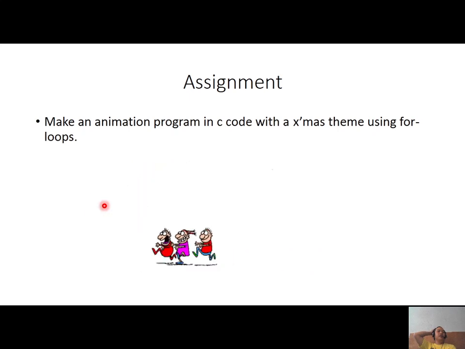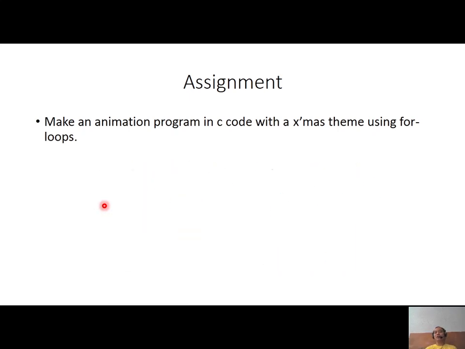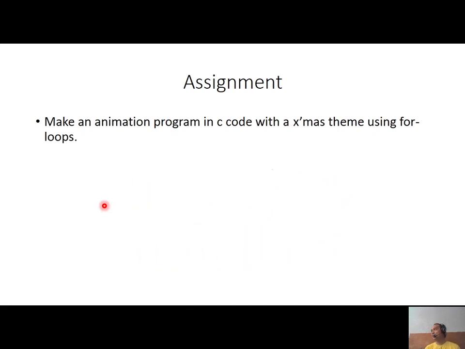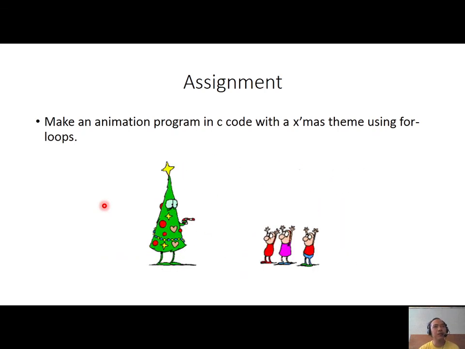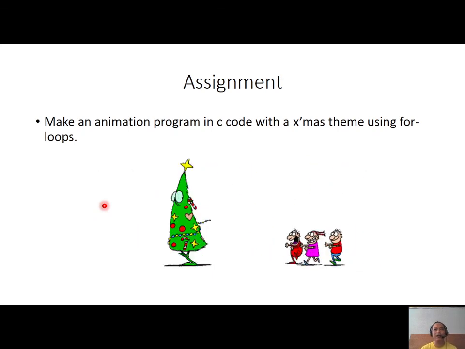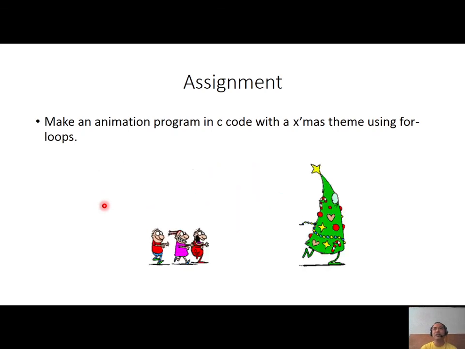Your assignment is to make a program in C with a Christmas theme using for loops. You can draw a Christmas tree that is blinking for a moment. Of course, you need to implement it in several functions so that in the main function you just call, for example, blink Christmas tree.